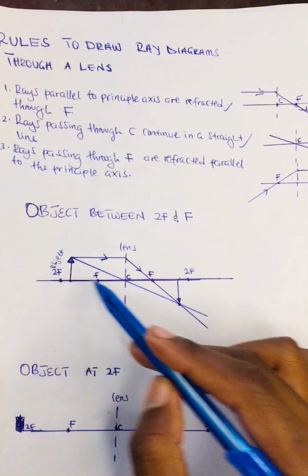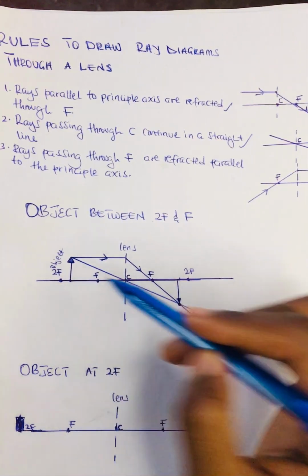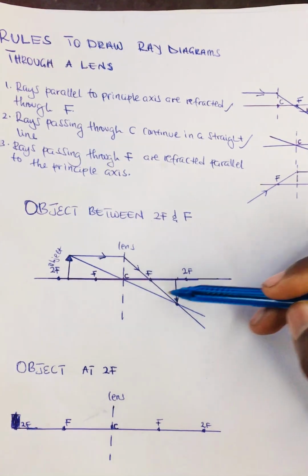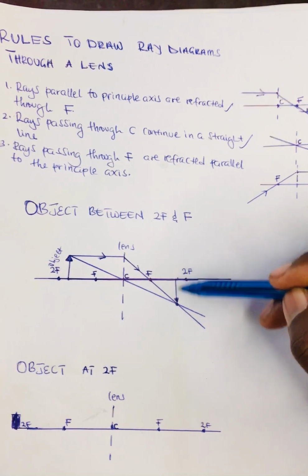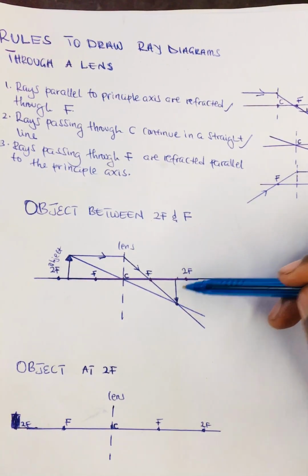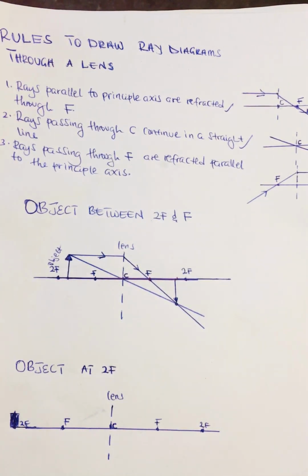I think it's the same size as the object. Yeah, so the image is the same size as the object, from what I can see. So those could be the characteristics of the image formed: it is inverted, it is between F and 2F, it is a real image, it is the same size as the object.